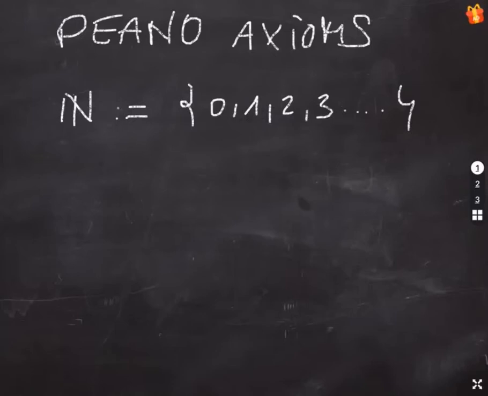I must say that natural numbers are sometimes also known as whole numbers, because I am taking also into account 0 here. Some authors do not take it into account. Okay, so it looks like we have solved the problem. A natural number is any element in this set, right?